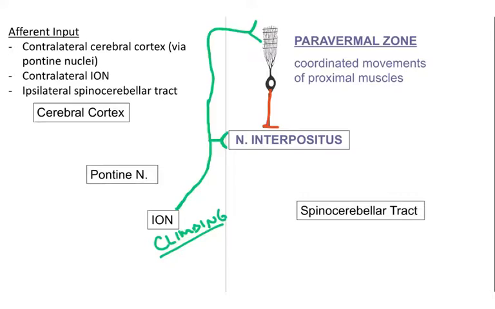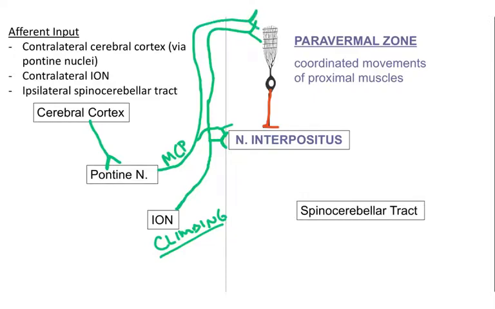The contralateral cerebral cortex is going to activate the pontine nuclei in the pons of the brainstem, which is going to give rise to a mossy fiber that's going to enter the cerebellum via the middle cerebellar peduncle, and then it's going to again activate or excite the nucleus interpositus, and then it's going to go up and also excite the Purkinje cell.